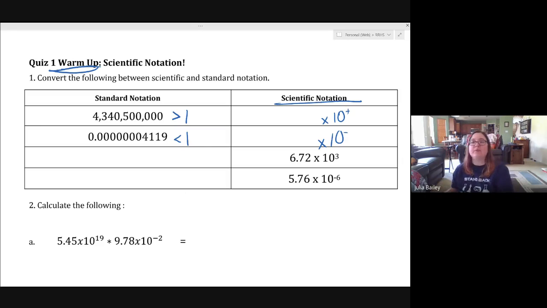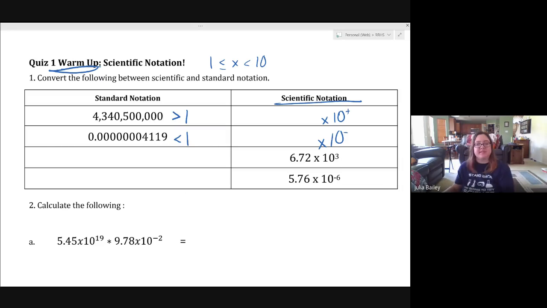From there, remember that your coefficient is going to be a number that is between 1 and 10. So, you could write it like this. Whatever your coefficient is has to be greater than or equal to 1, and it has to be less than 10.